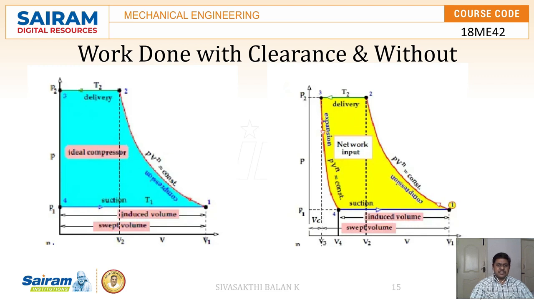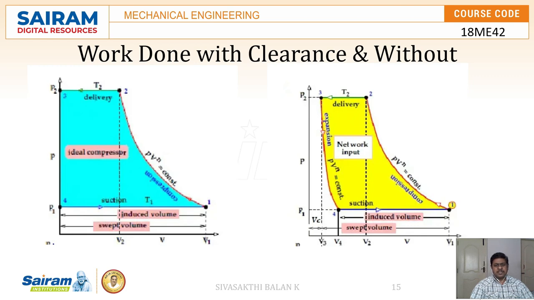The compression process is the same in both conditions, that is polytropic compression, PV^n equal to constant. The only difference is that the piston cannot travel till the edge of the cylinder head, but stops at the top dead center. The volume over the piston when it reaches the top dead center is called clearance volume.